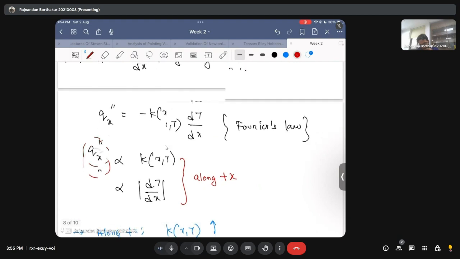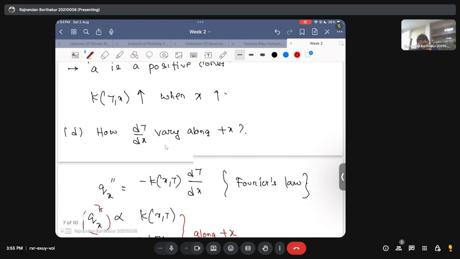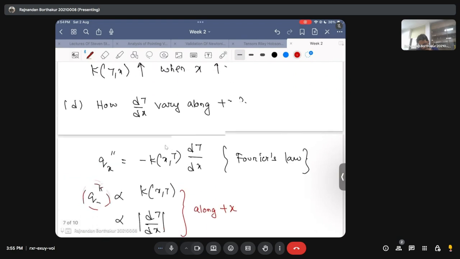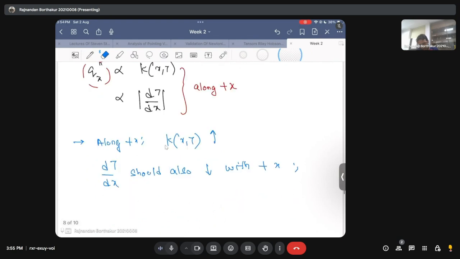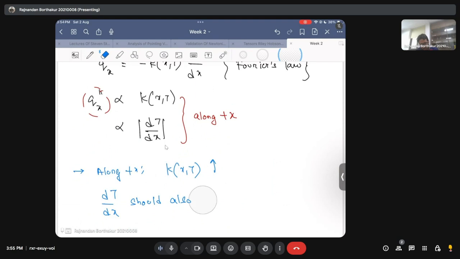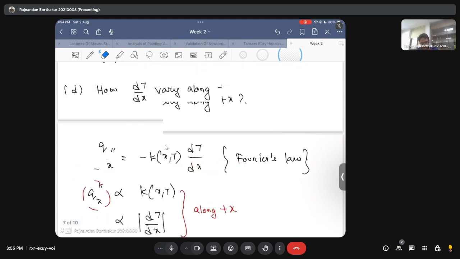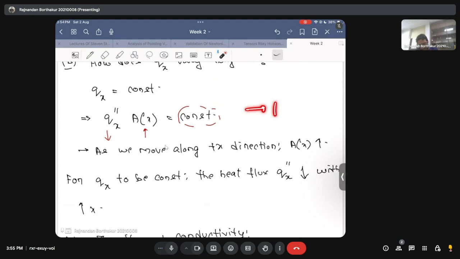All right, so they're asking about this. I think it is more convenient to see this from the heat flux perspective, because we have already said that when we move along the plus x direction, my heat flux is decreasing.